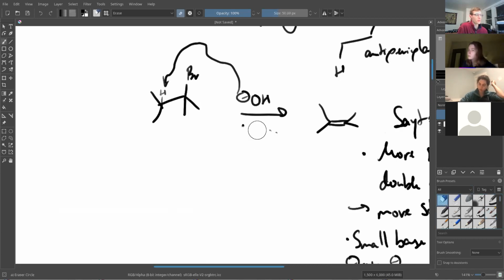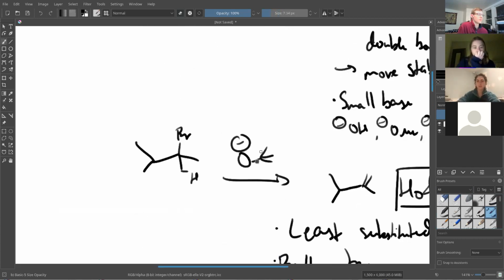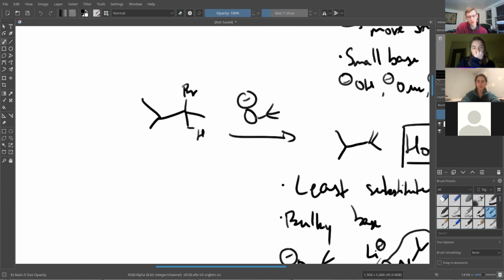Or for example, this might be water, although I don't know if you'll see that one very often. So for example, this could be methanol. And this one here, if you're using tert-butoxide, then it's probably going to be tert-butanol as the solvent.